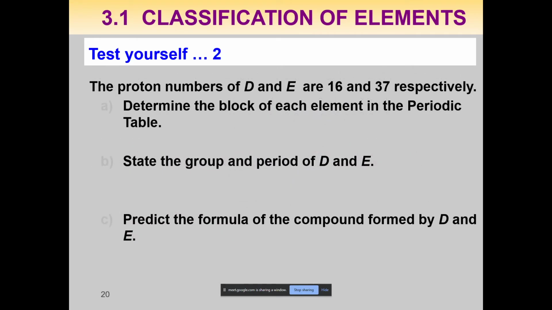So, and then this is the proton number of D and E, 16 and 37 respectively. Okay. Determine the block of each of elements in the periodic table. So, block kita dapat tahu daripada the last orbital field kan? Orbital. Wait a minute.